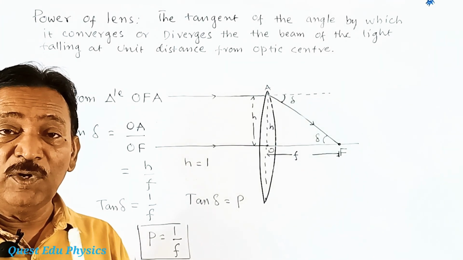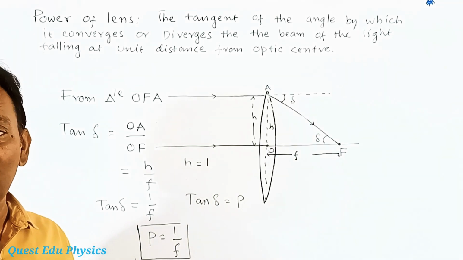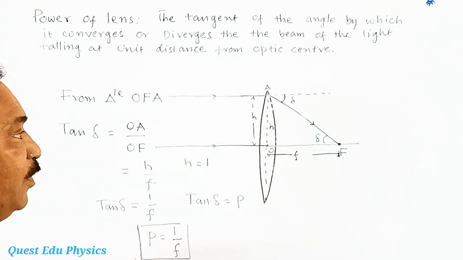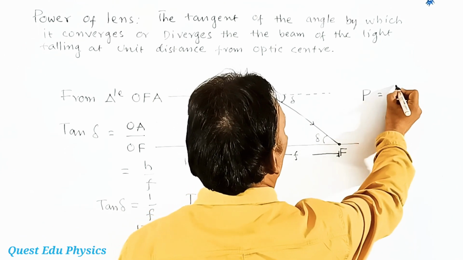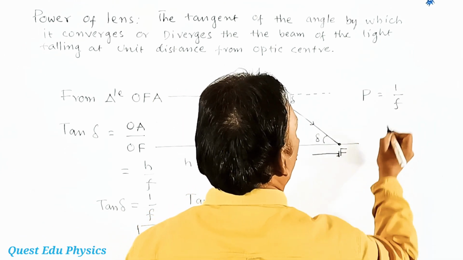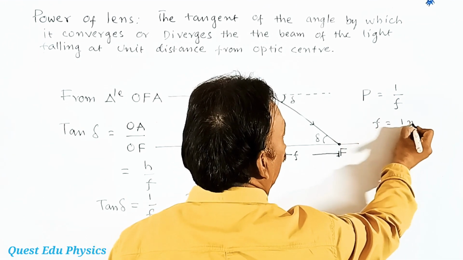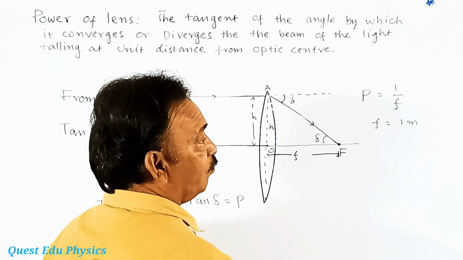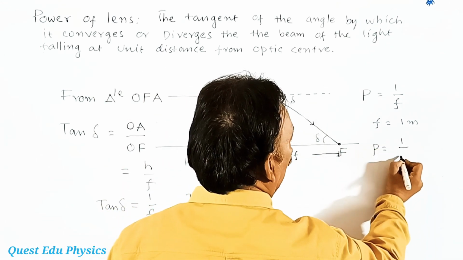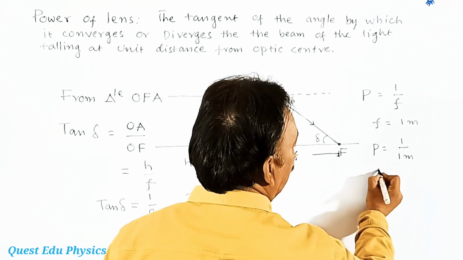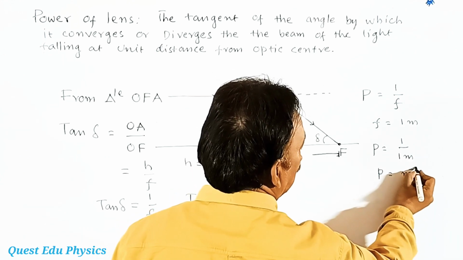Here, the unit of the power is diopter. What is the diopter? We have to understand. It is the SI unit, students. Here we took P as 1 by f. If f is measured in meter, power can be written as 1 by 1 meter. That is, power can be written as meter inverse, students.